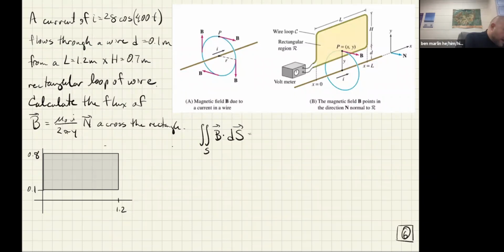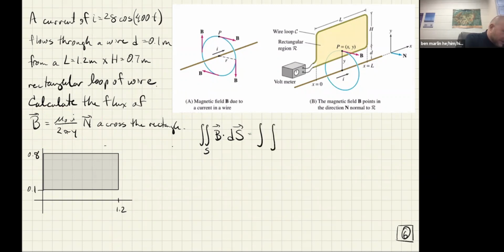So what we have to spot here is that our B is given to us like this, which is kind of messy, but we can deal with it. So we'll have an integral. We'll have to set up our limits here in a minute, but the limits are just going to be that rectangle.